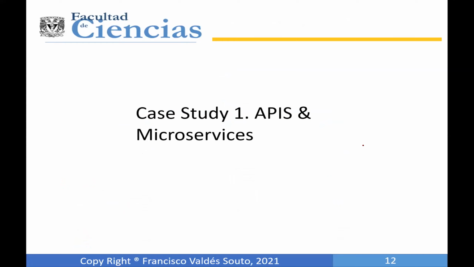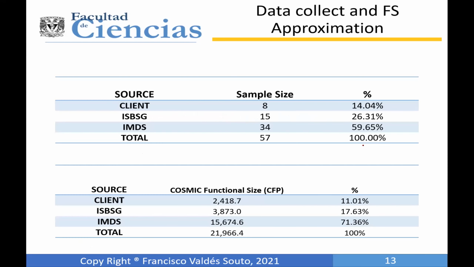So for the first case study, APIs and microservices, the data collection and functional size approximation, the first step: we identified that the client provided 8 projects that could be measured or approximated, with the approximation size made and all the information data collected.